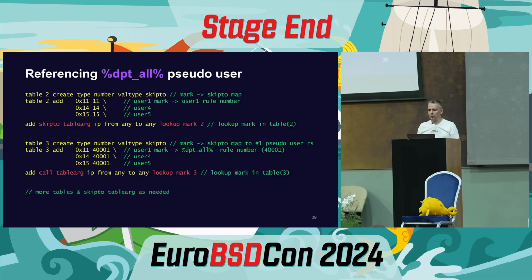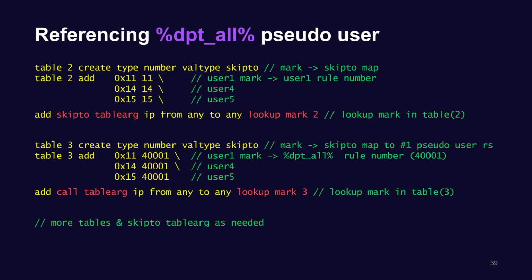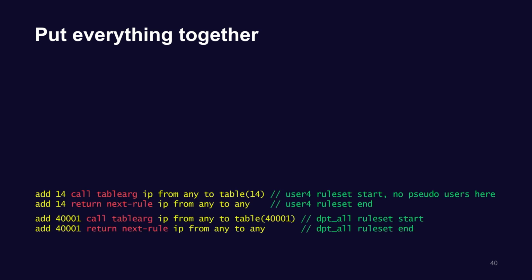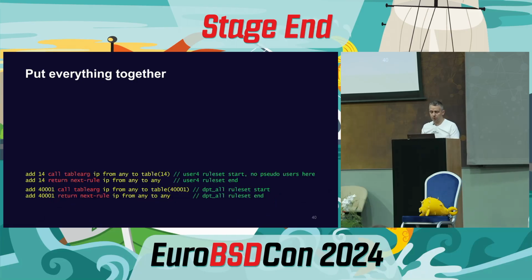Basically, we can have as many tables as we want. So we can add more pseudo users to the real user rule set. Let's compile this all together. We create a rule set that checks for the per user table.